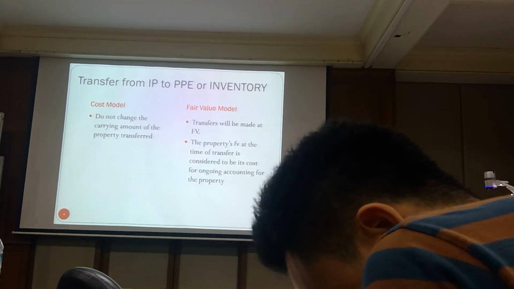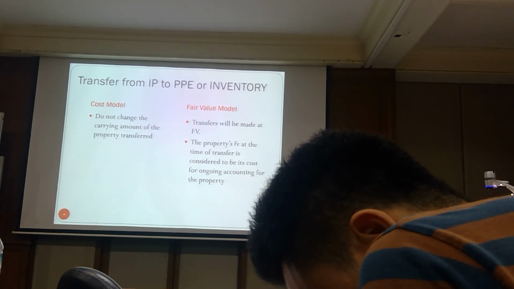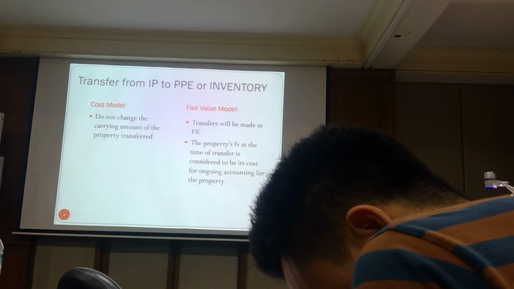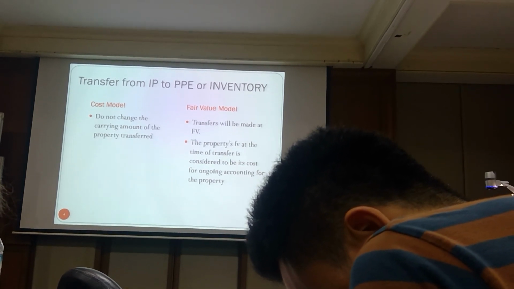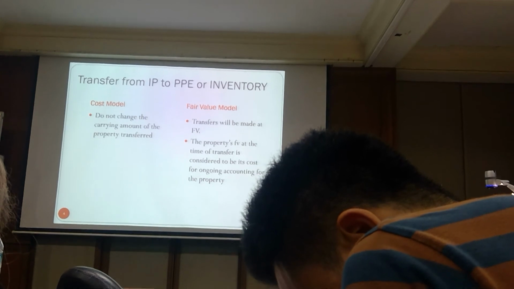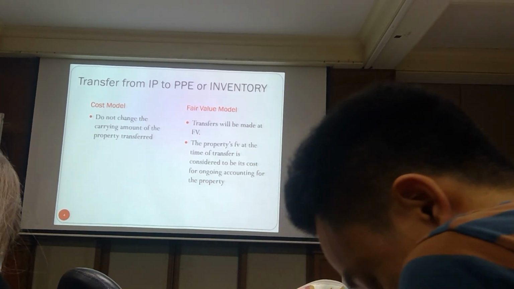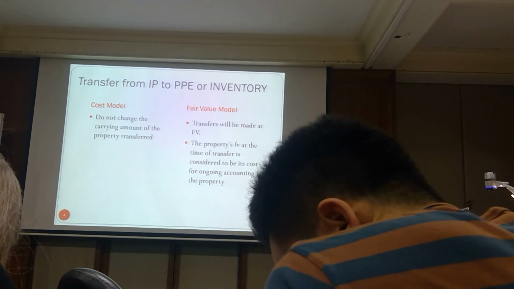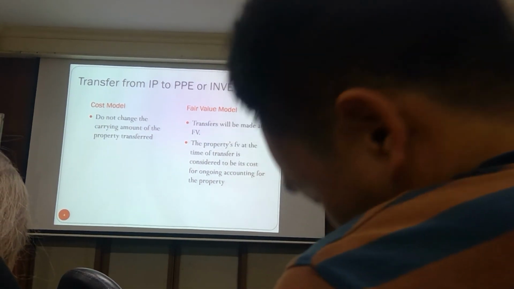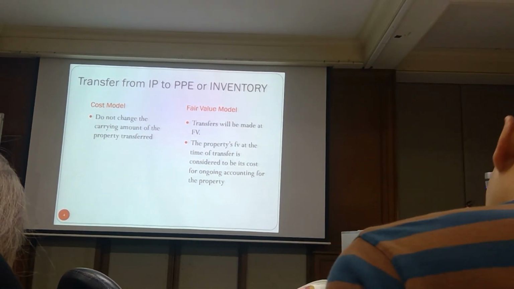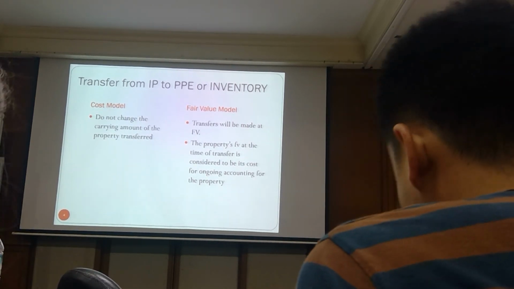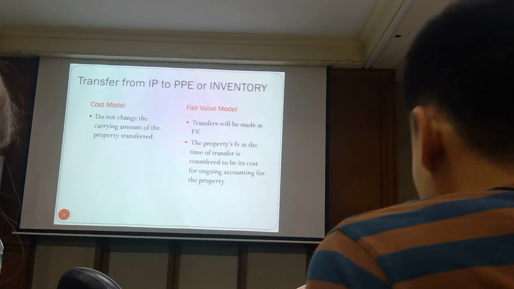Let's suppose it goes from 80 to 90. The 90 is going to be the new price for the PPE, and you use that price, 90, for depreciating. That's the way it is when you transfer. So basically, compare with what we did for the last 2 weeks. When you transfer investment category, let's say from trading to available for sale, we transfer at fair value, right?